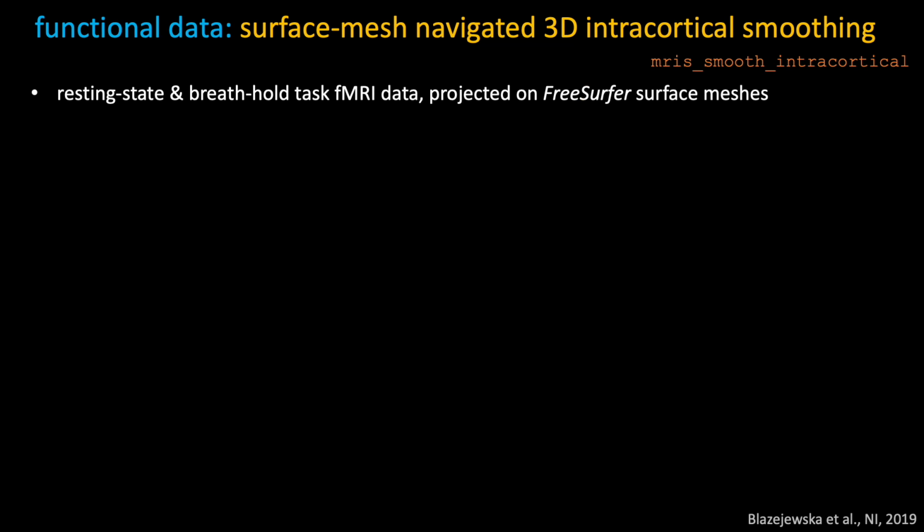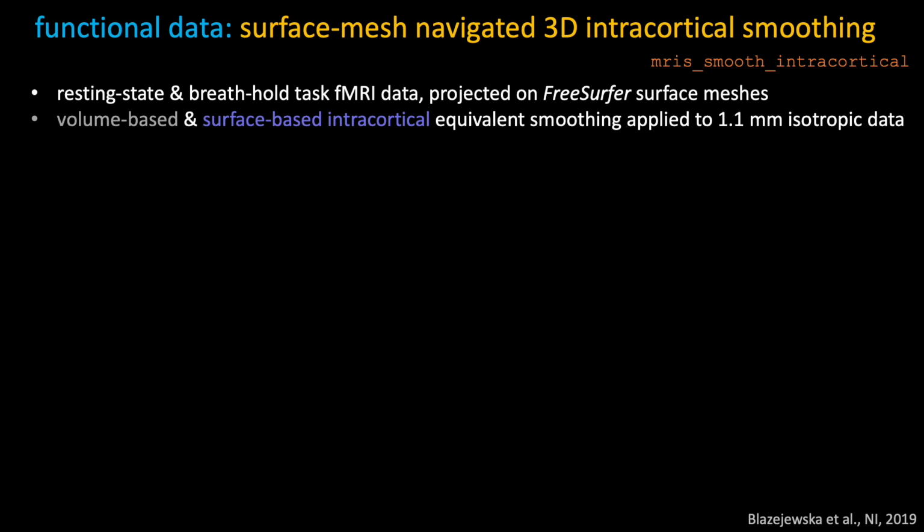And just quickly, basically what we did, we acquired some resting state and some breath hold data, and we compared these intracortical kernels to volume-based smoothing of equivalent smoothing capacity, but also to the matched 3 millimeter resolution data.